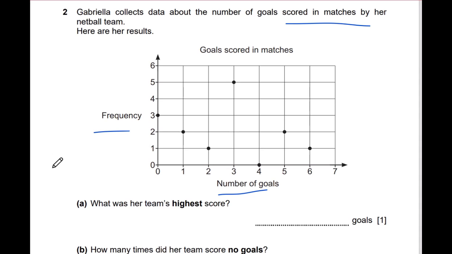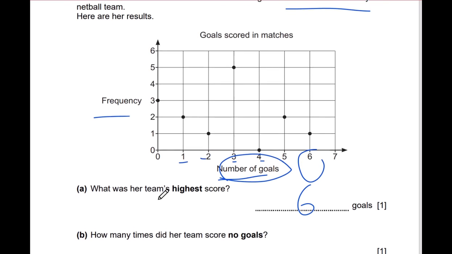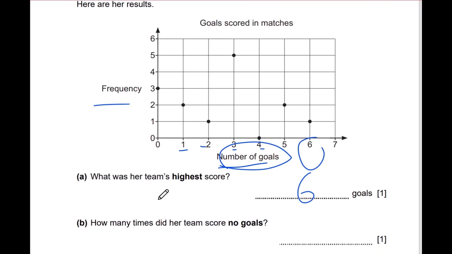Alright, let's check the discussion. What was her team's highest score? The highest score will be on the number of goals axis. We see 1, 2, 3, 4, 5. So 6 is the highest score. Next, how many times did her team score no goals?